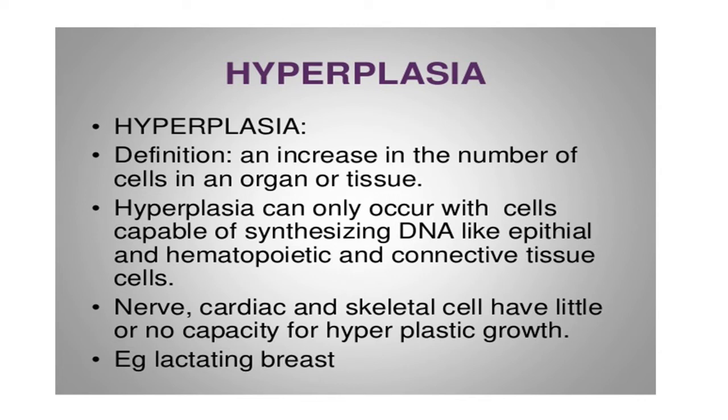Examples are the nerve cells, the cardiac, and the skeletal cells have little or no capacity for hyperplastic growth. So cardiac cells do not increase in number. Nerve cells, as I told you, they are permanent cells, they do not increase in number. Skeletal cells, osteoclast cells, they do not increase in number.